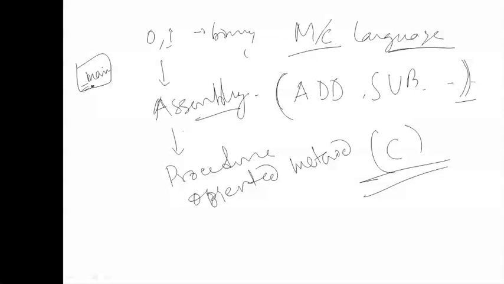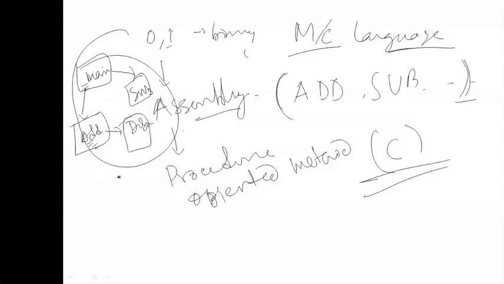The main function has many instructions, and from that you are calling another function. Suppose this is the add function, and from add you are calling another function, suppose the display function. And from main you are calling another function called the subtract function. So the entire structure is actually based on functions. I already discussed functions in the previous class.